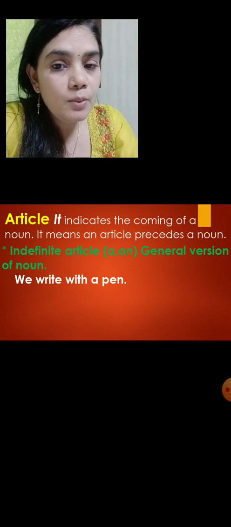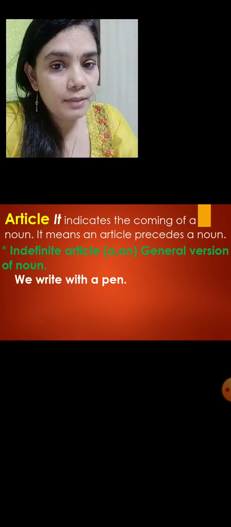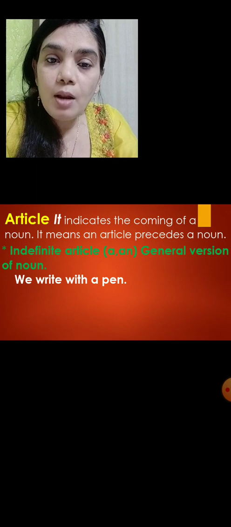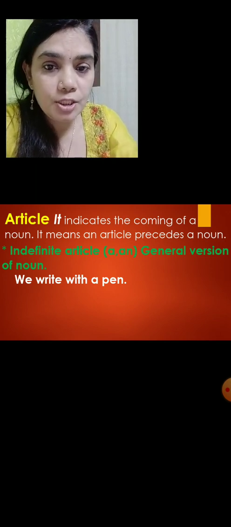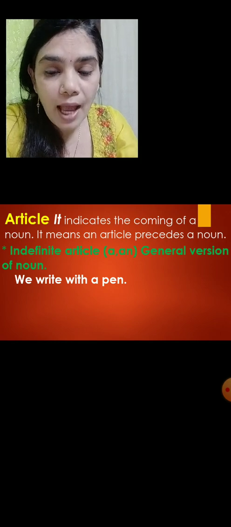So we write with a pen, where pen means any pen. That is called the general version. Understood? So here we can use a or an.